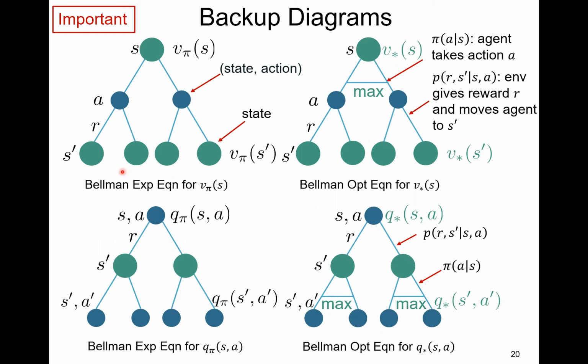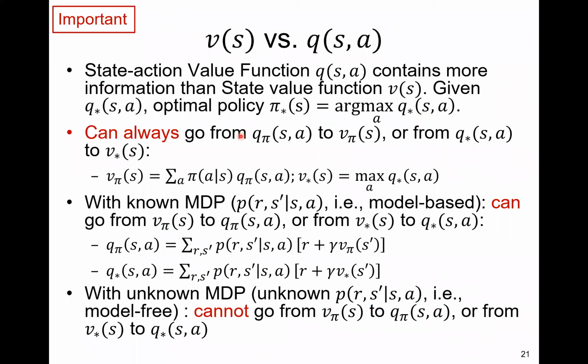If you start from the state value function V, you get the Bellman expectation equation for V pi or V star. If you start from a blue node, the state action node, then you get the Bellman expectation and Bellman optimality equations for the Q pi or Q star functions. So the Q state action value function contains strictly more information than the state value function.